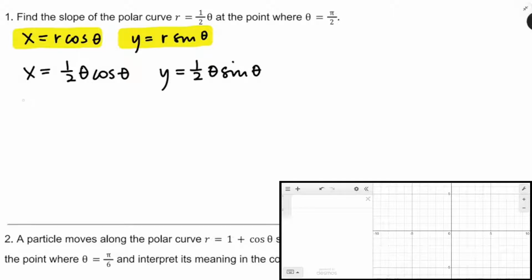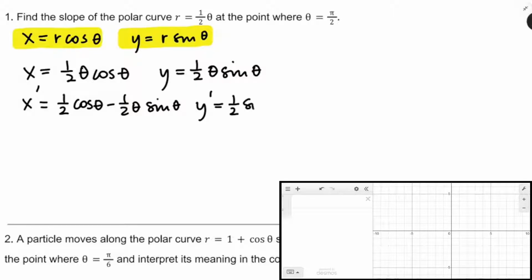We're going to take the derivative of each of these with the product rule, taking the derivative of one and leaving the other the same, and then adding, leaving the first one the same and taking the derivative of the other one.